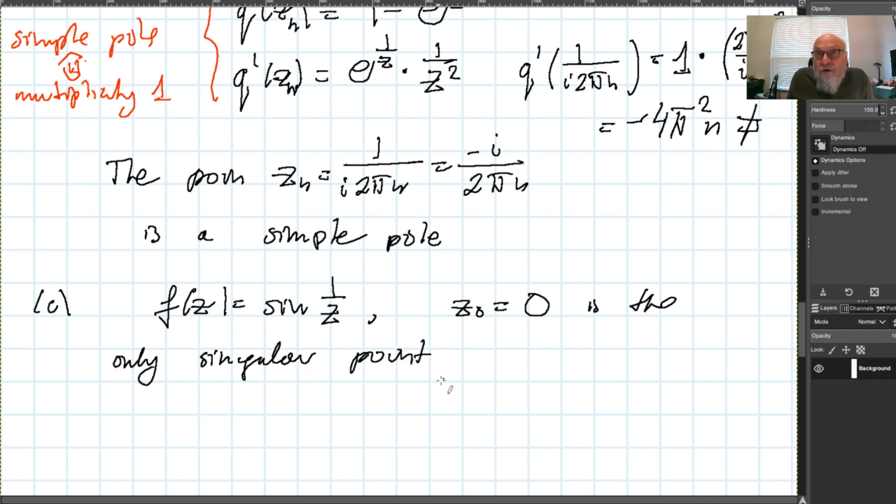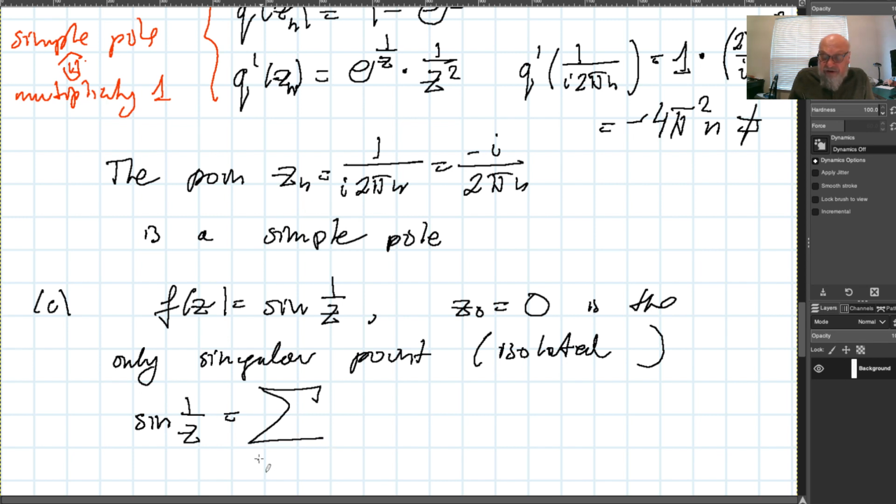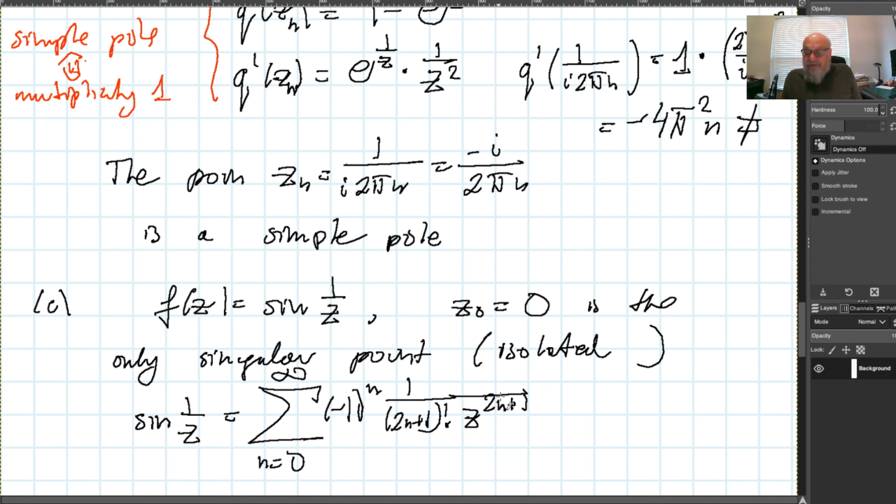Since it is the only one, of course it is isolated. Around that point, sine of 1 over z has the Laurent series expansion that can be easily constructed: the sum of minus 1 to the n, times 1 divided by (2n plus 1) factorial, times z to the power minus (2n plus 1). I just plugged 1 over z instead of z.